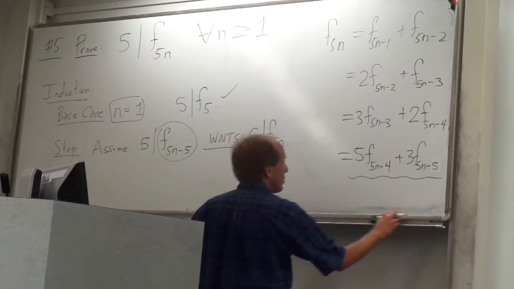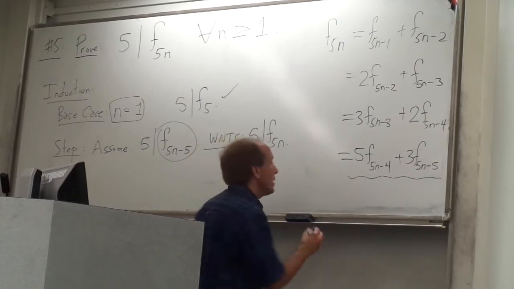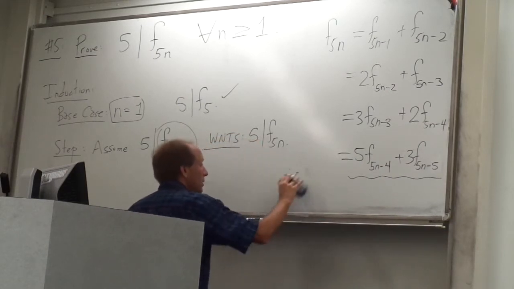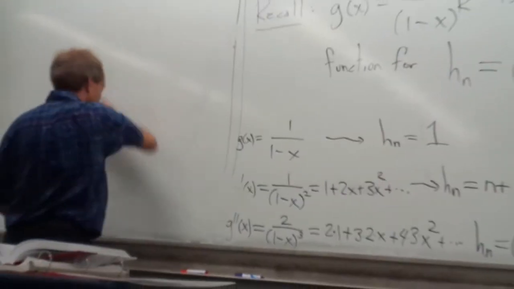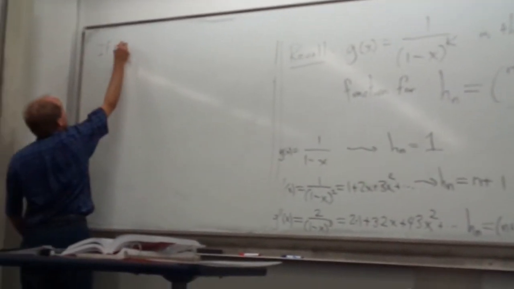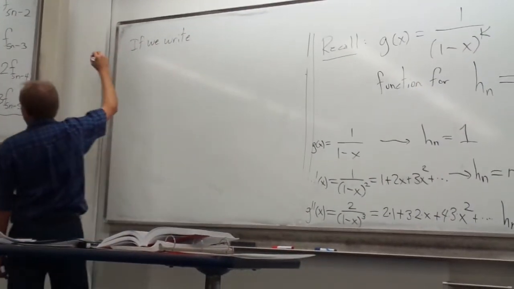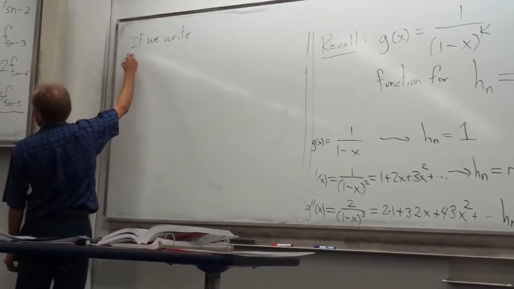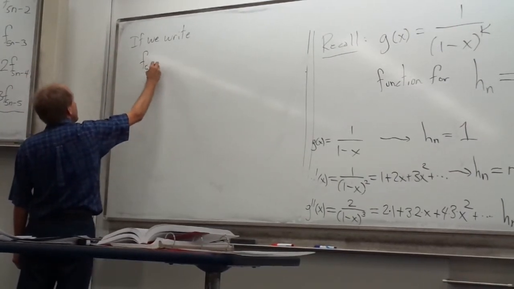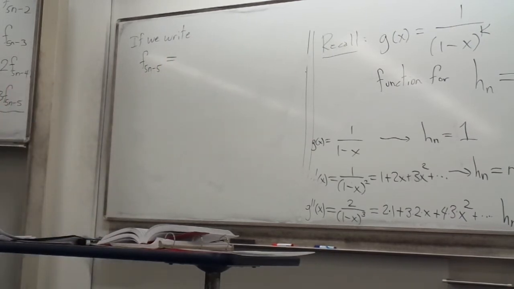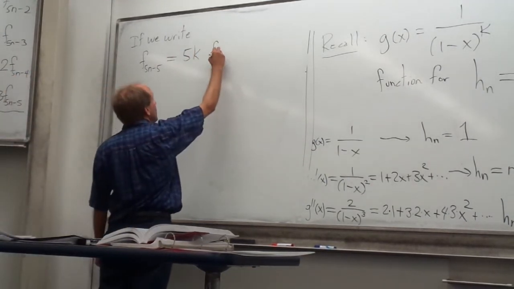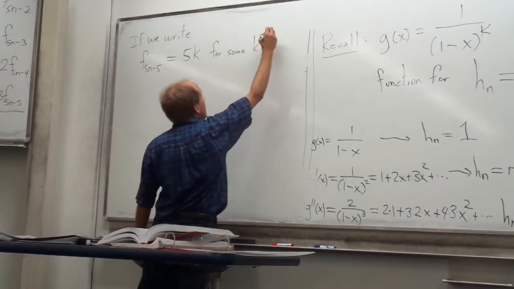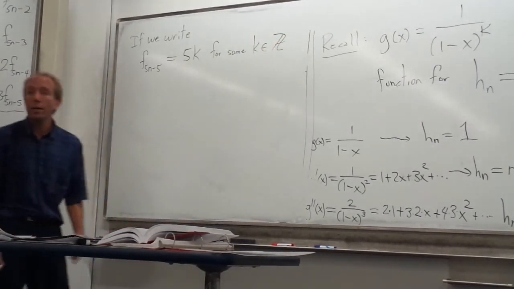So to make this more precise, let me come over here so I have a little more room. If we write f sub 5n minus 5, we assumed here that it is divisible by 5, so I can write it as 5 times k for some integer k.